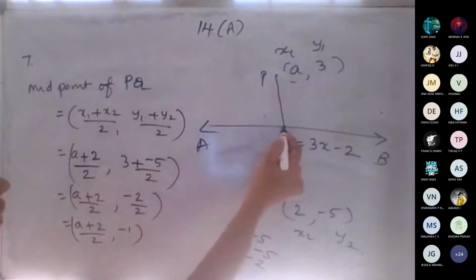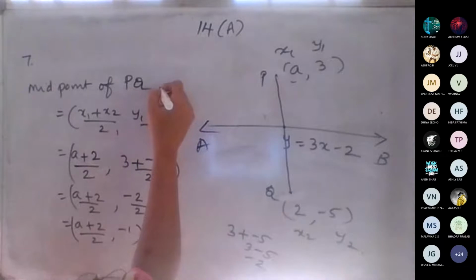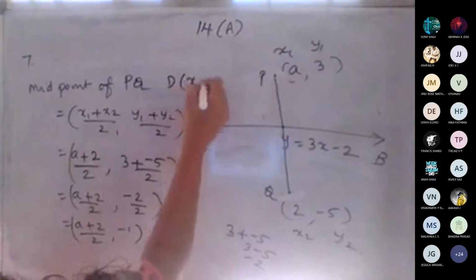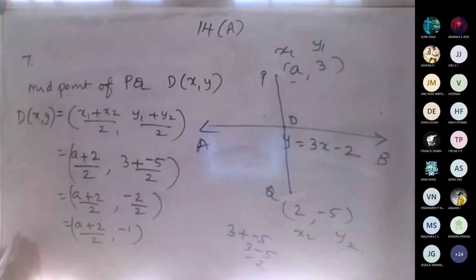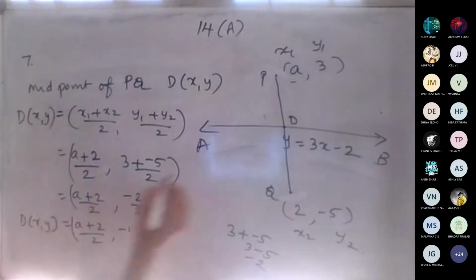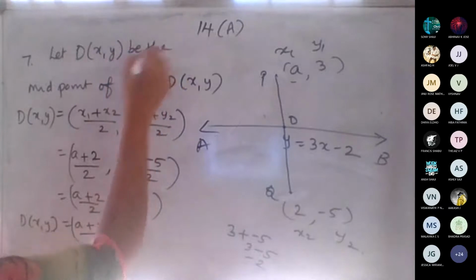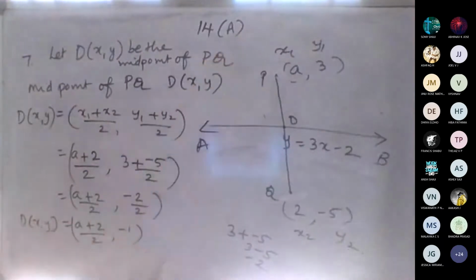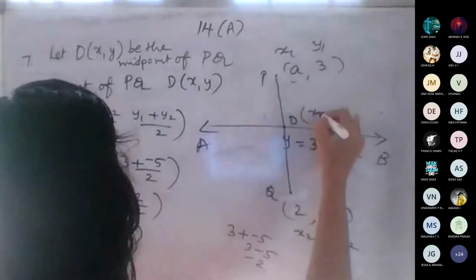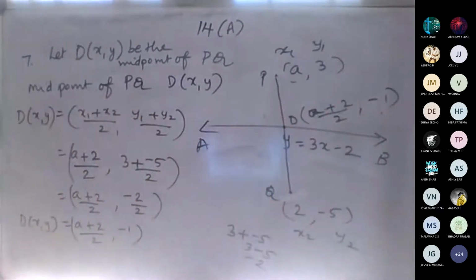Mark it as D. Let D(x, y) be the midpoint of PQ. So D(x, y) we got: the value is x equal to (a plus 2) by 2, comma negative 1. Next, what do we have to find? We have to find out a.